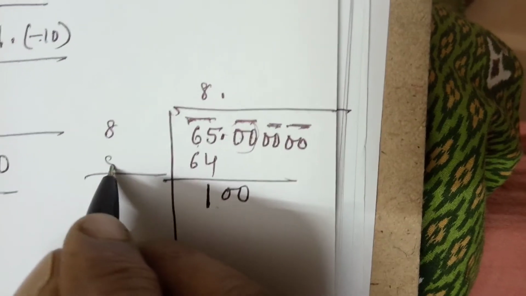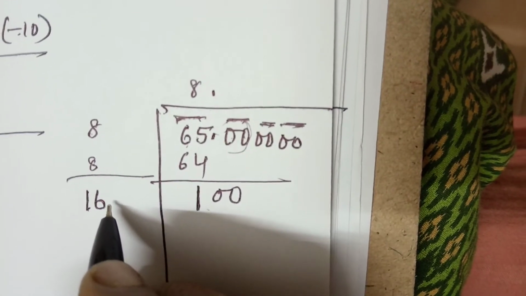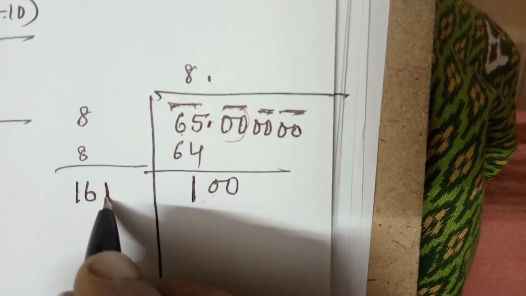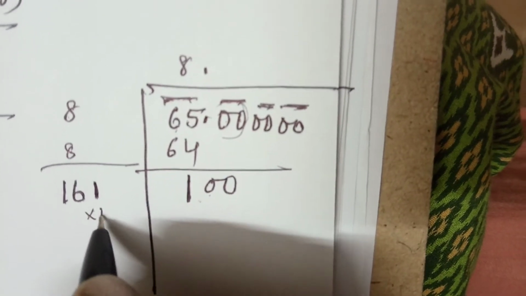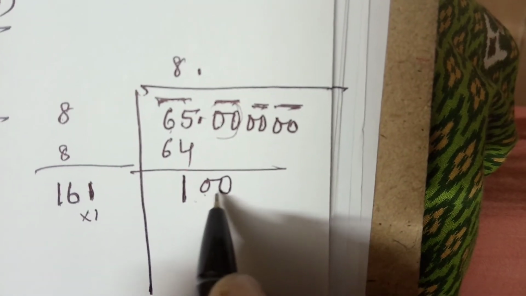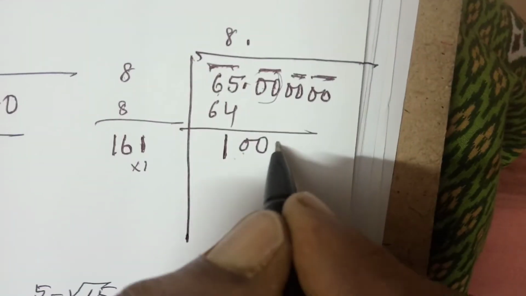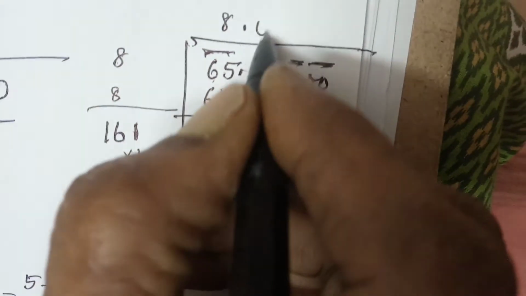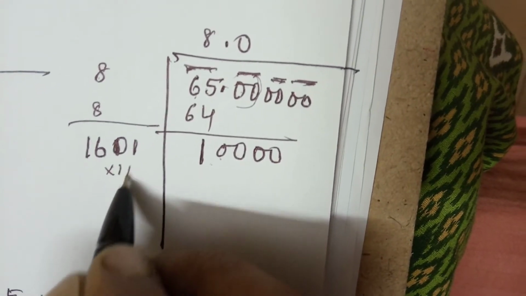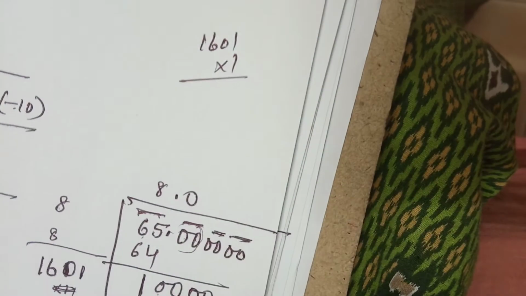Now you should put one more 8, you add this. Now 160, if you put 1 also, that will be greater than 100. Actually whatever digit you put here, with the same digit you have to multiply. If you put 1 also, you are going to get more than 100. So you have to bring one more digit down, put 0 0. Now try 1601 into 1.